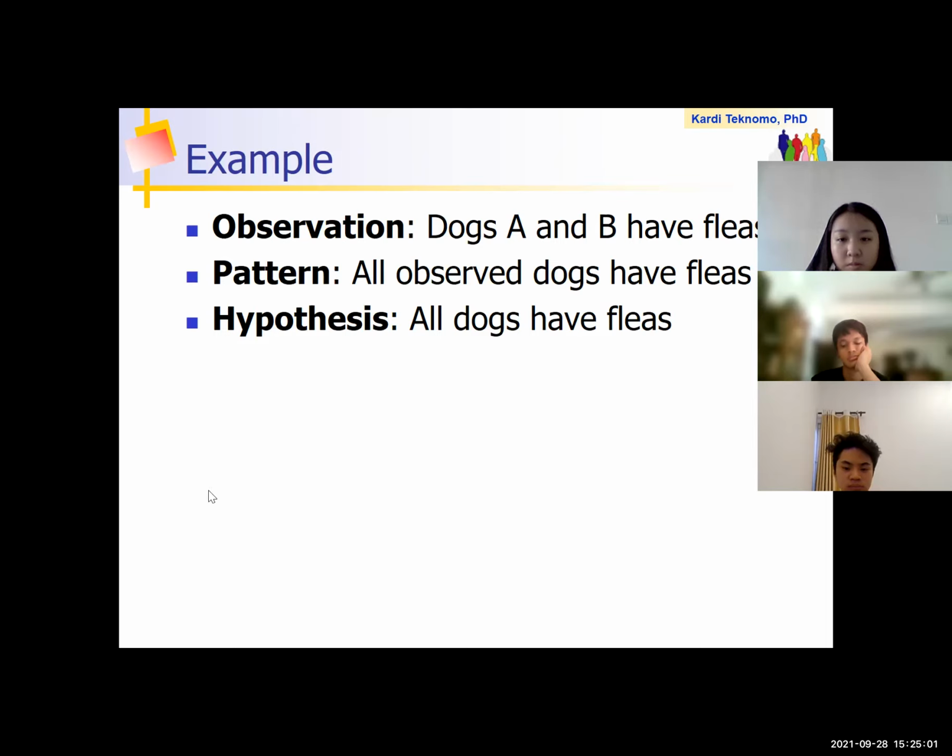But creating this kind of hypothesis is important because science can progress using both deductive and inductive. You cannot have only deductive. You cannot also have only inductive. It should be both.